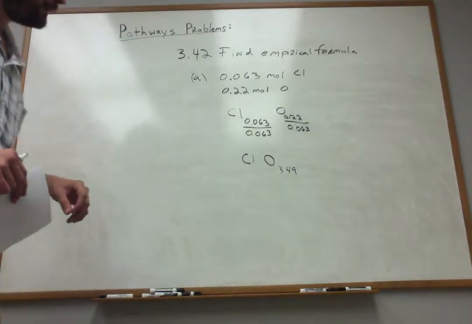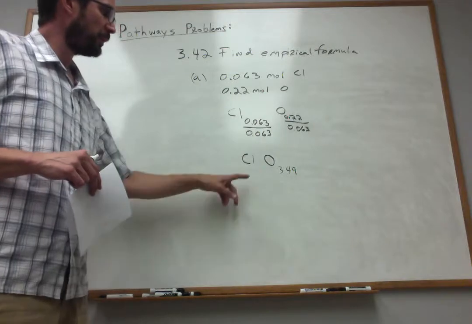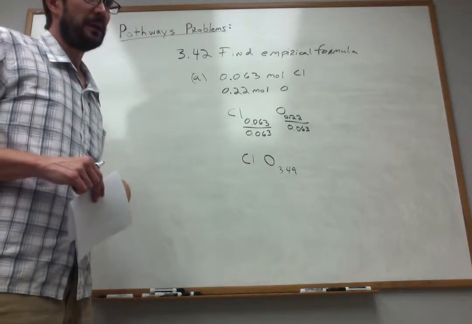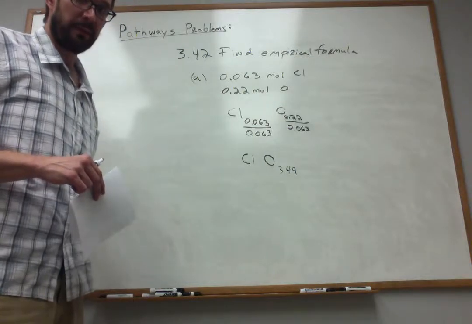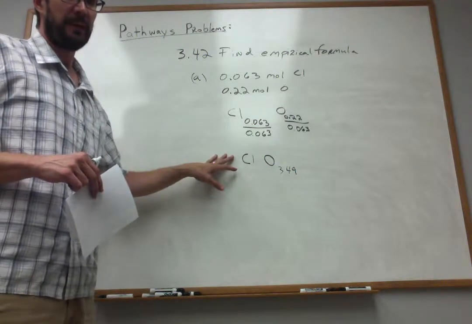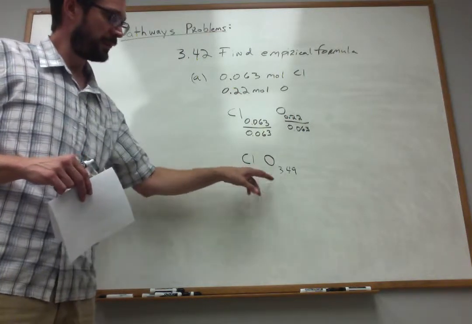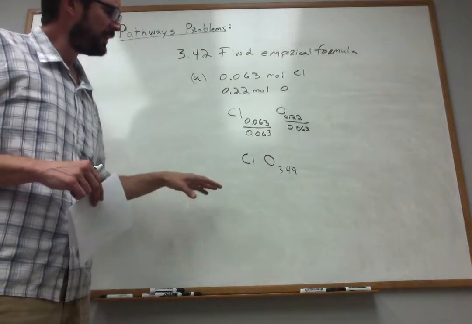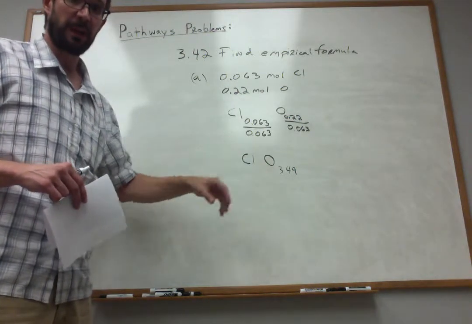Okay. Now, when you get to this point, after you divide by the smallest and one of the values is an integer, usually you can maybe envision a pathway that you can clean this formula up relatively easily and make it into an empirical formula with whole numbers as subscripts. So I look at this and I say, okay, it's a 1 to 3.5 ratio right now.